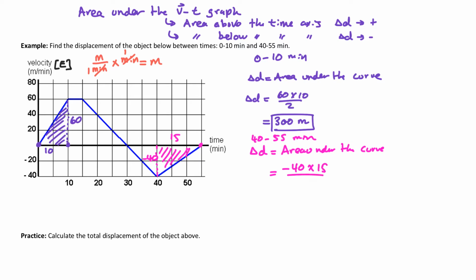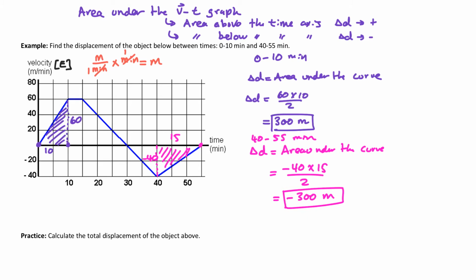So times 15 divided by 2. And how much is this? Well, negative 40 divided by 2 is negative 20, times 15. That's negative 300. And the units will be meters, for the same reason as before. And that's how we find the displacement.